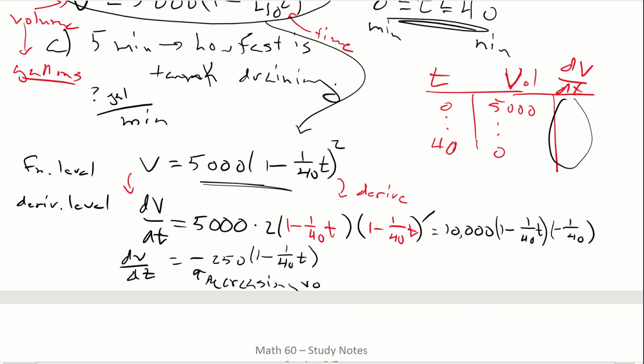To finish this problem, for part A it says at 5 minutes, let t equal 5, and you just plug in. All of A, B, C, D, you just plug in different numbers. So you get a negative 250, and then you've got 1 minus 5 over 40, and calculator, and the units are gallons per minute.